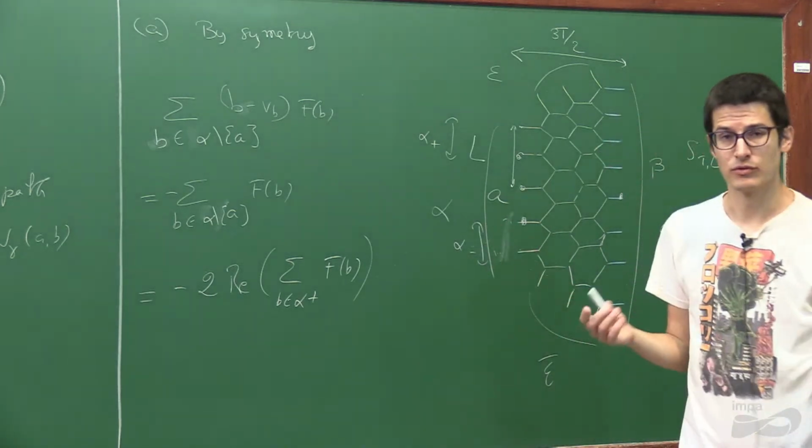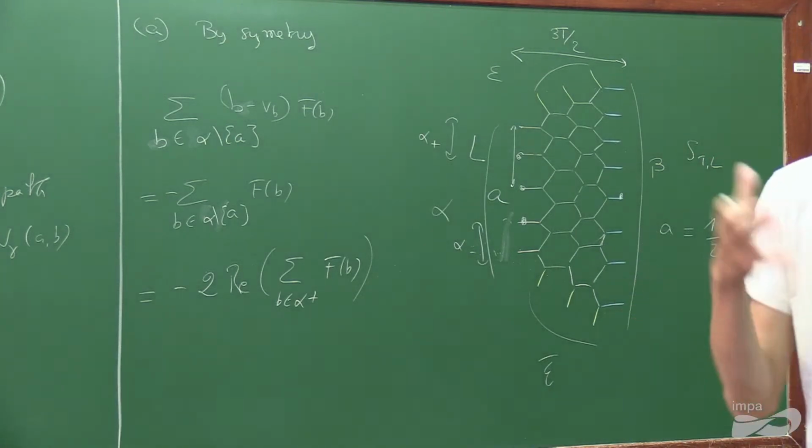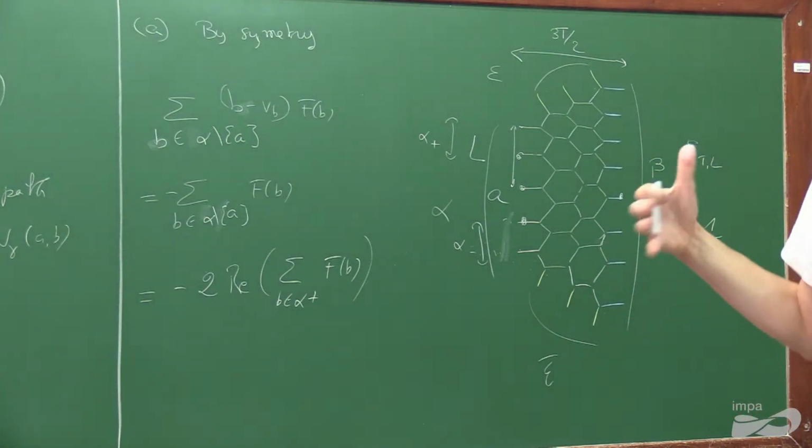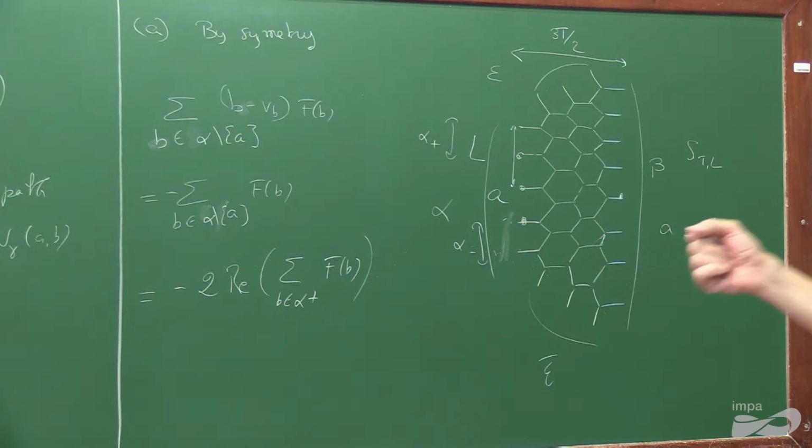But we know that the two bring conjugate contributions. So in the end, you only get the real part twice.